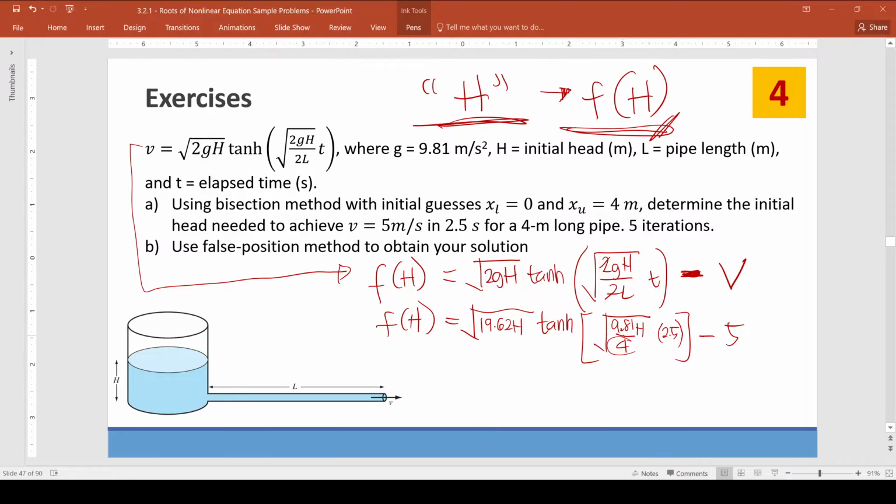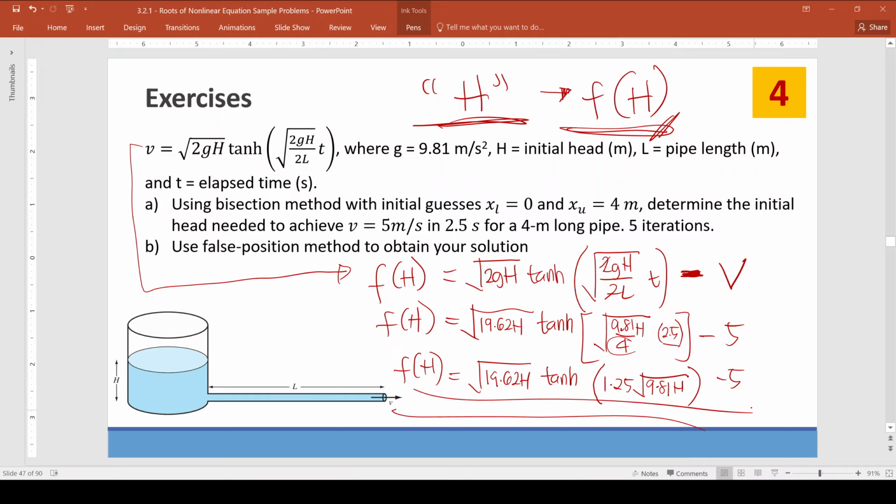And since this is a perfect square, I'll just subtract it out and divide that with our 2.5. We will have our equation for iterations equal to square root of 19.62h times the hyperbolic tangent of 1.25 square root of 9.81h minus 5.